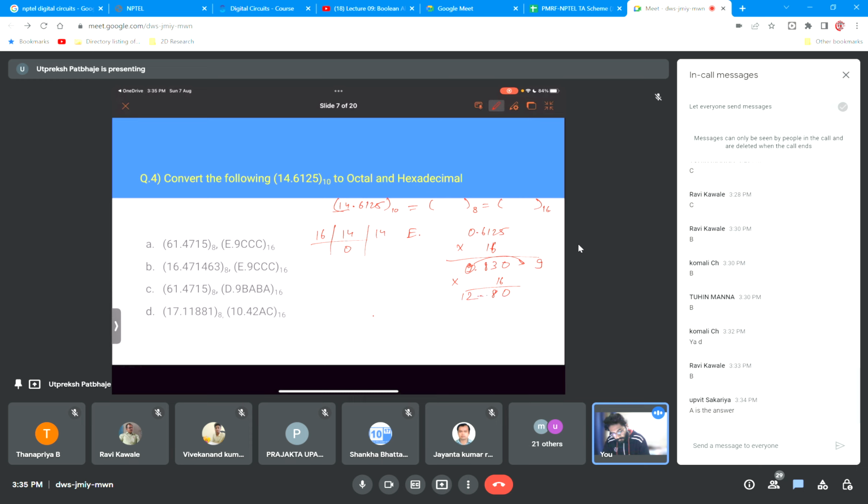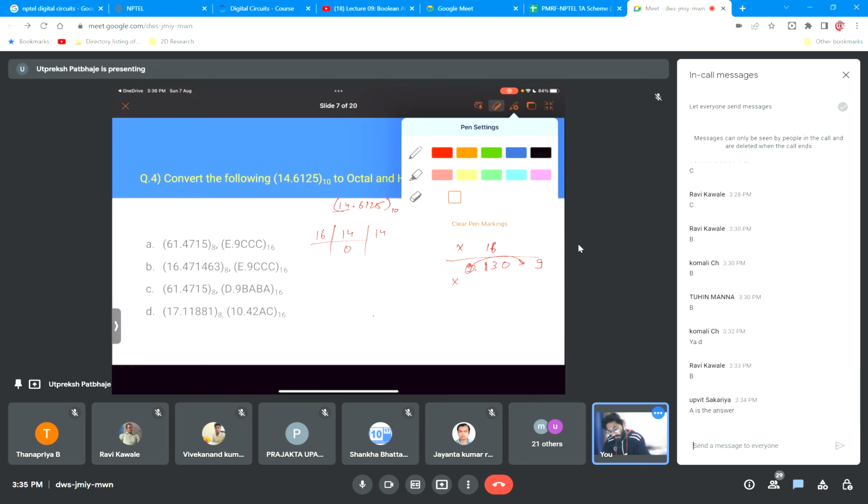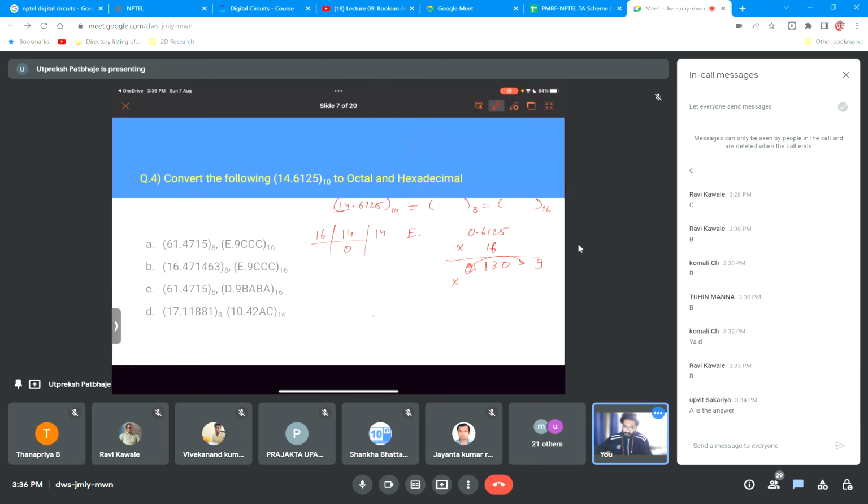Something 12 point something will come. So this 12 will convert to, okay, just simply use a calculator if this gets hectic. So the rest of the people are not getting the answer? Just try to punch in the answer. I know this is lengthy, but you have to practice it.